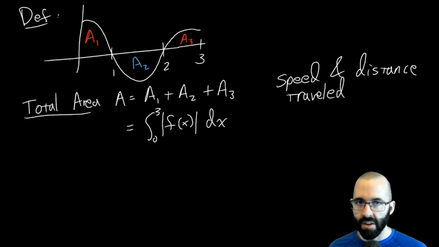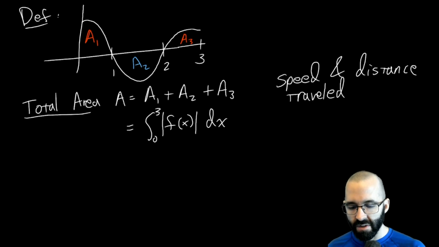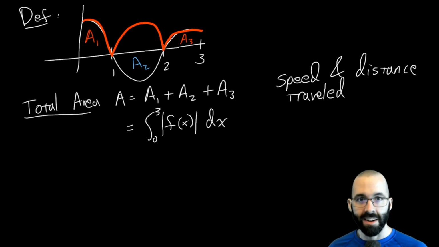We're looking at total area. We're forcing everything to be positive, even though the function's negative down here. So if you want, we can think of the absolute value. It's going to look like this, finding the area under this red curve. That's the total area.